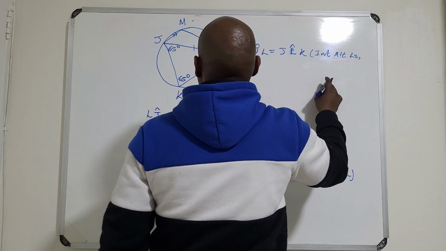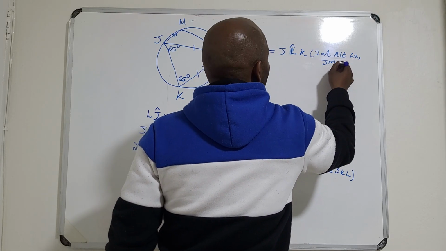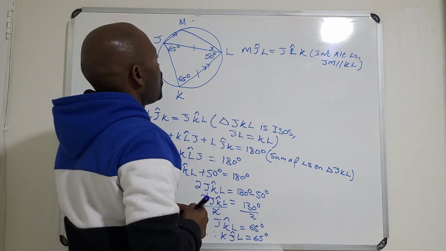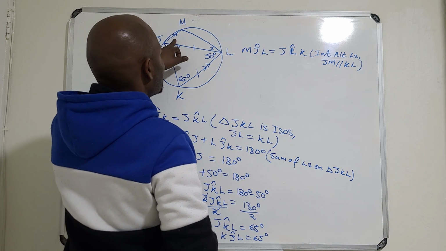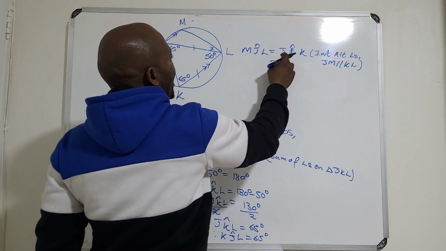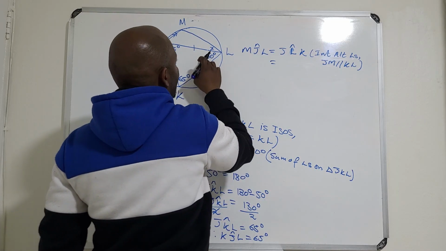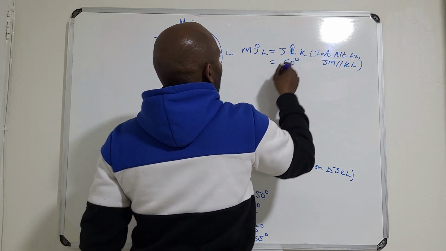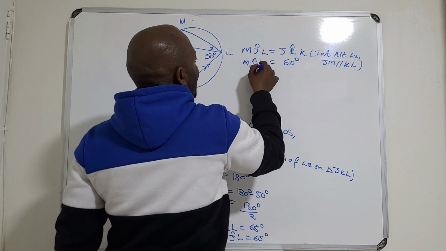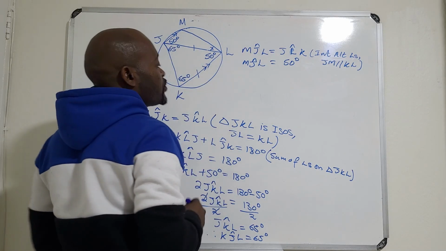Why are they alternate? Because JM is parallel to KL. Now, this angle, obviously, angle JLK is 50 degrees, which is equal to angle MJL, this angle there, 50 degrees there.